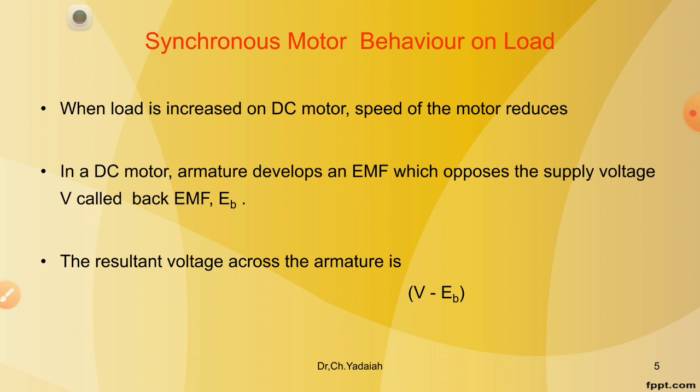The speed of the motor reduces, and we check it with our tachometer. Then the speed comes to 1400 rpm. If further increased to 5 kgs, the speed may reduce to 1350 rpm. Further increase the load, then it will go to 1200 rpm.